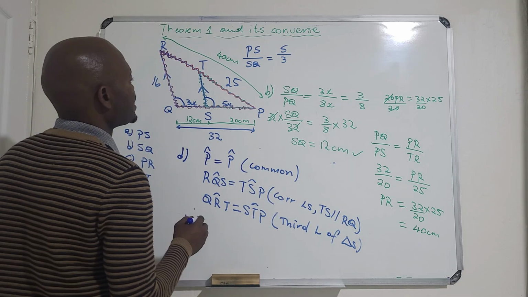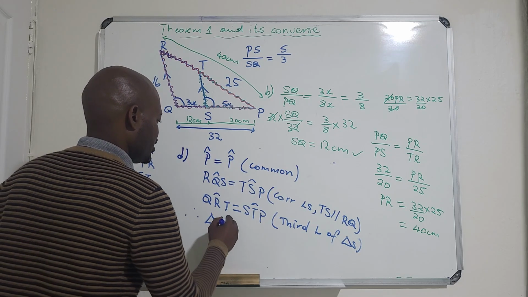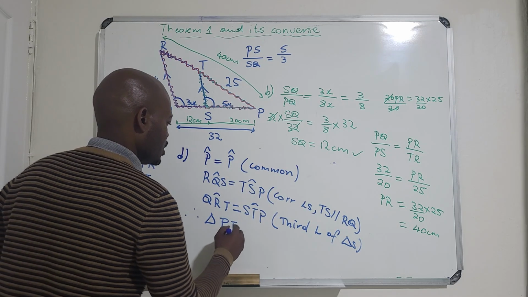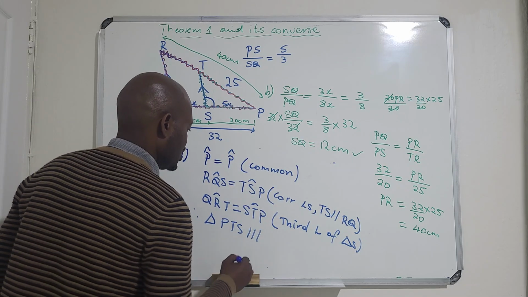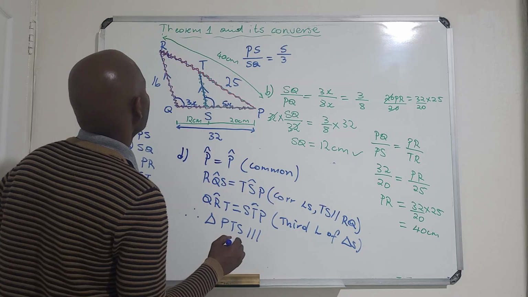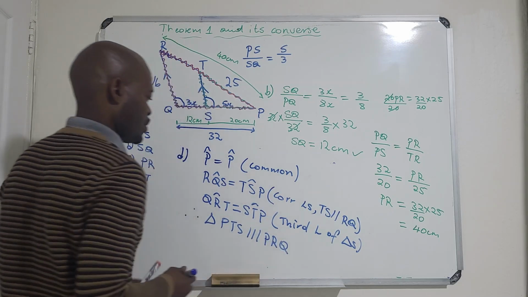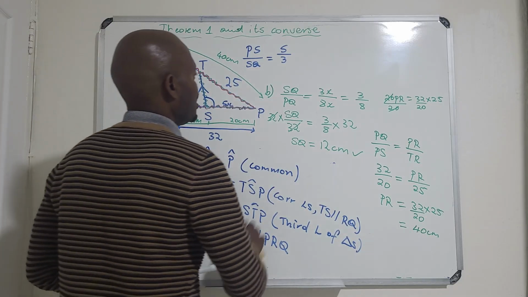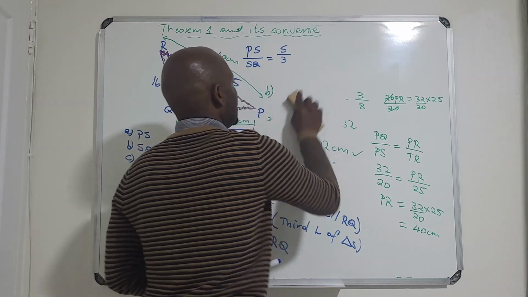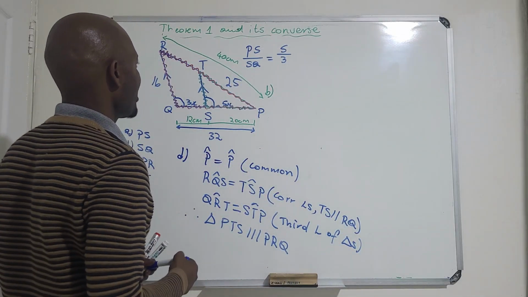Therefore, triangle PTS is similar to triangle PRQ. Since the two triangles are similar, then we know that the corresponding sides are in the same ratio.